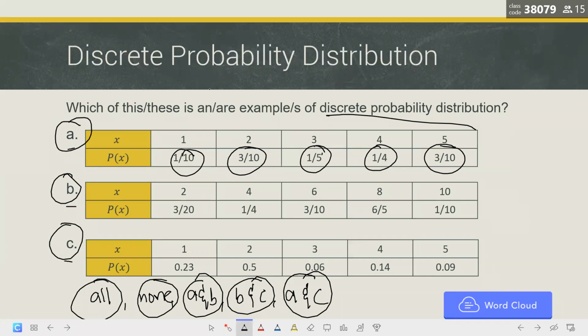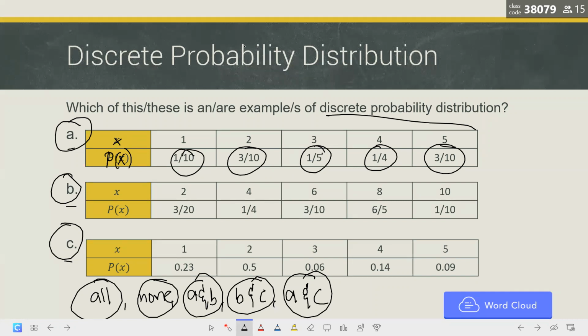So, ayan. Balik tayo. Lahat po ng probability, by the way, class, hindi ko nasabi, yung P of X denotes that it is a probability of the variable. Yung variable natin is yung X. Ito yung mga values ng variable: X is 1, 2, 3, 4, 5. Ano yung probability ng kada value? P of X: 1 over 10, 3 over 10, 1 over 5, 1 over 4, and 3 over 10 are all found between 0 and 1.